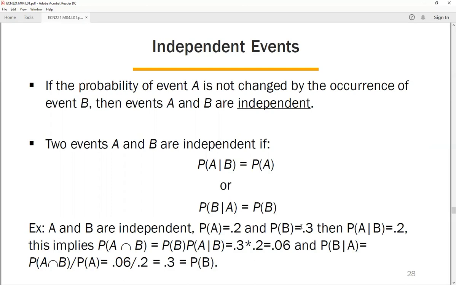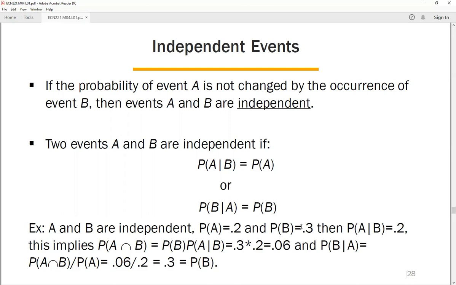So if we've got two events, A and B, and the probability of A given B is equal to the probability of A, or the probability of B given A is equal to the probability of B, then the two events are independent. So, for example, just to illustrate this in a little setting here, A and B are independent.